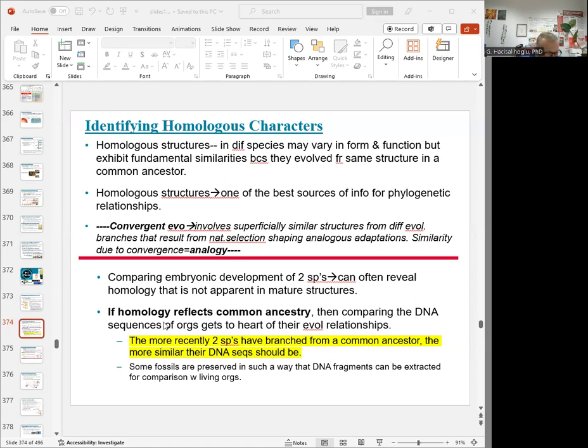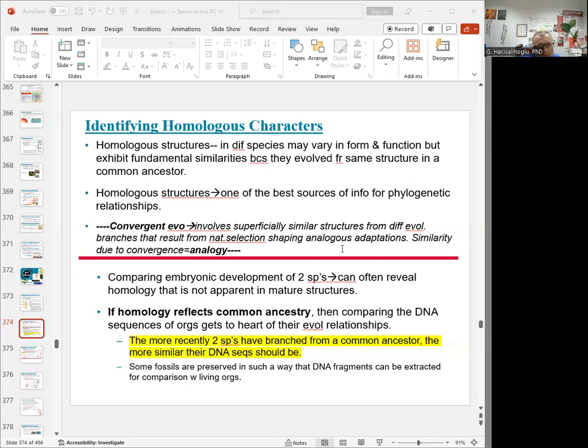There is another process called convergent evolution. In this case there are similar structures, but the similarity is due to convergence, or analogy. They are analogous, maybe because of a similar environment and they adapted to it, so now these two species look like each other, but they don't necessarily have a most recent common ancestor.